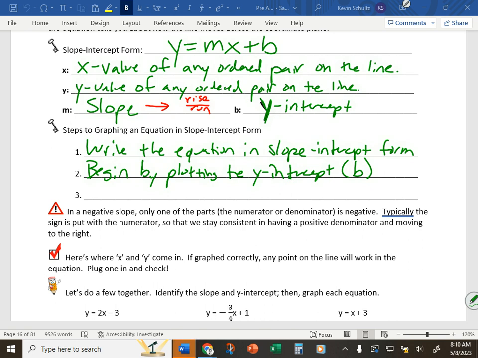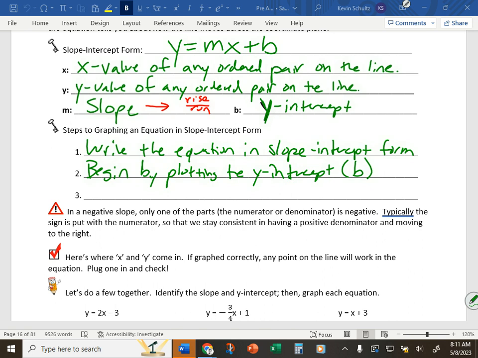And then the other question that kids often ask is why m for slope? Why not s? Right? That would even make a lot more sense. Well, back when slope-intercept form was first being discovered and used and taught, it was actually called the mlope. Okay? But then, over time, languages changed, lost in translation, it became slope. Okay?